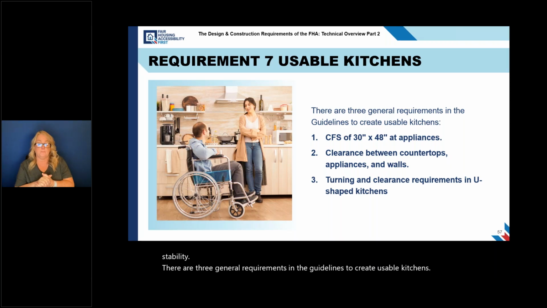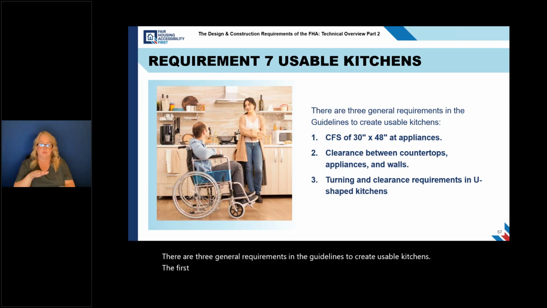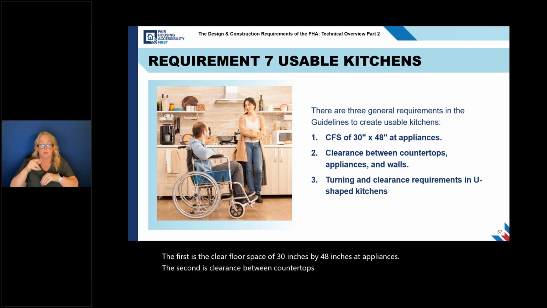The first is a clear floor space of 30 inches by 48 inches at appliances. The second is clearance between countertops, appliances, and walls. And the third is turning and clearance requirements in U-shaped kitchens.